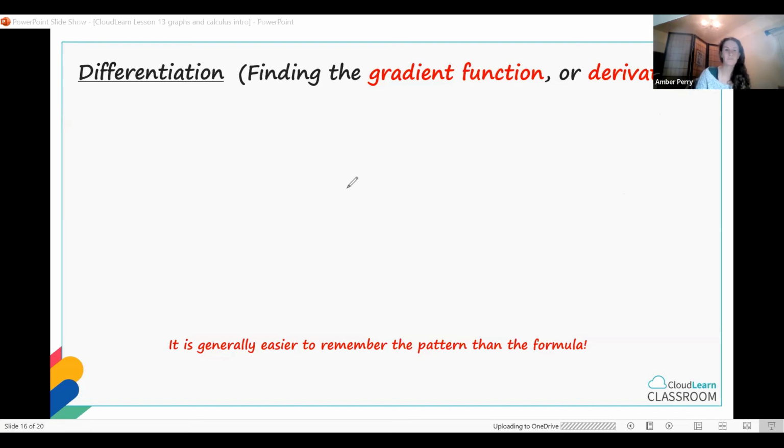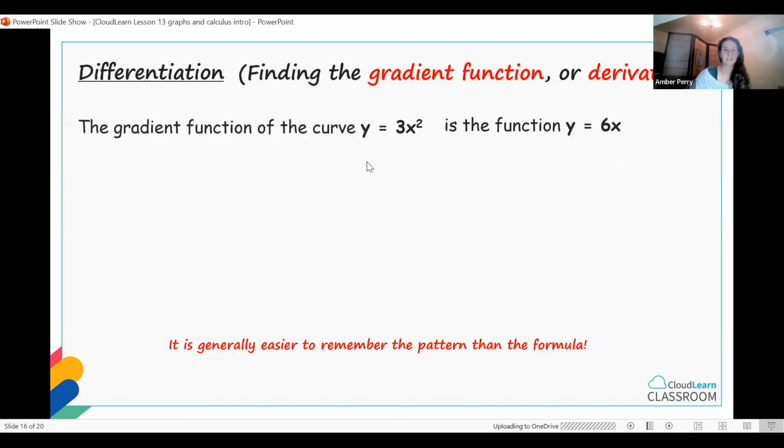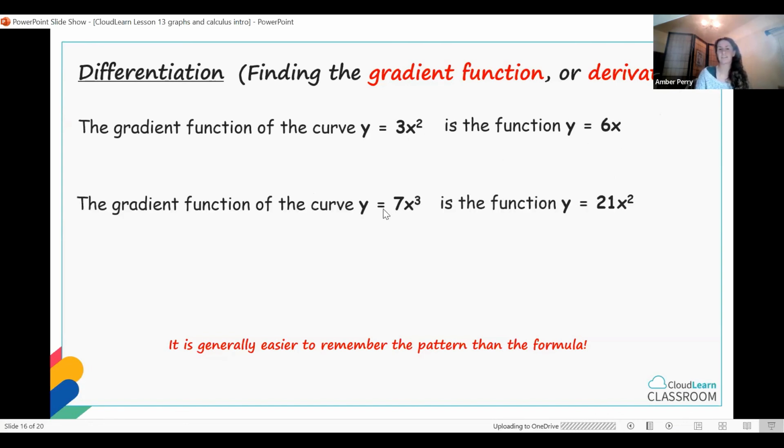So how do we do that? We use that formula that I just said. We actually are just going to use the pattern, okay? Because I think the pattern is much easier to do. The gradient function of the curve y equals 3x squared is the function y equals 6x. Gradient function of the curve y equals 7x cubed is the function y equals 21x squared.